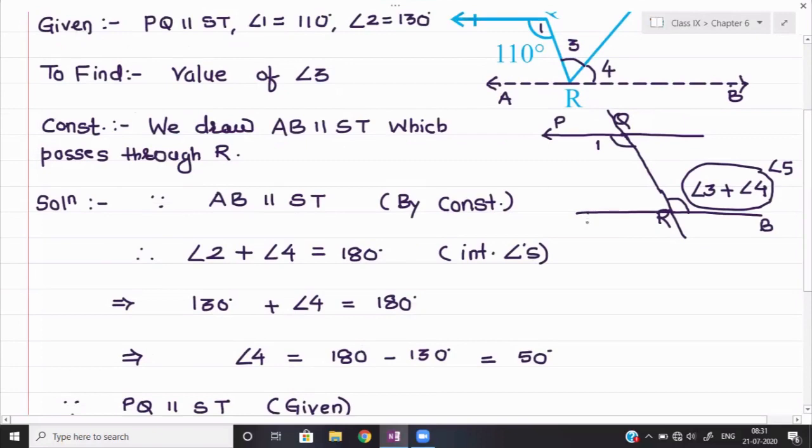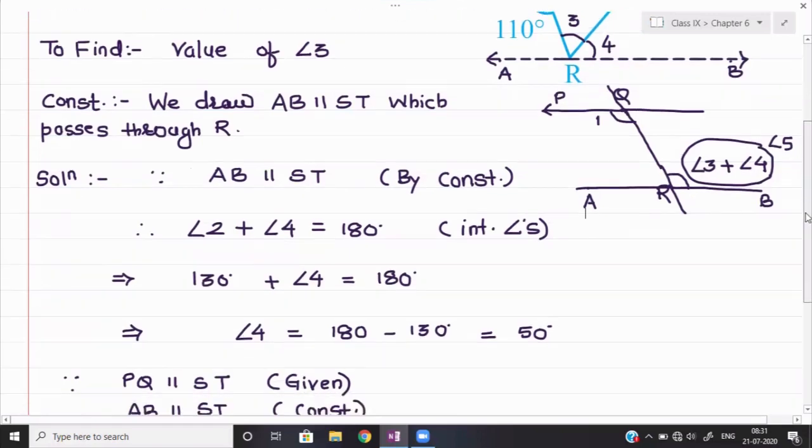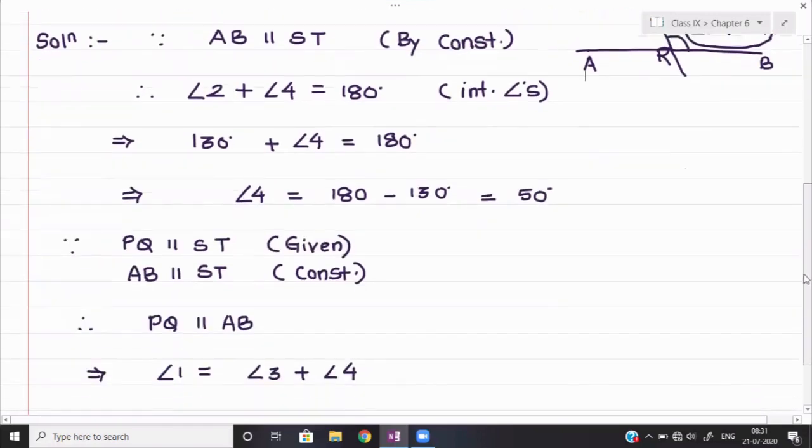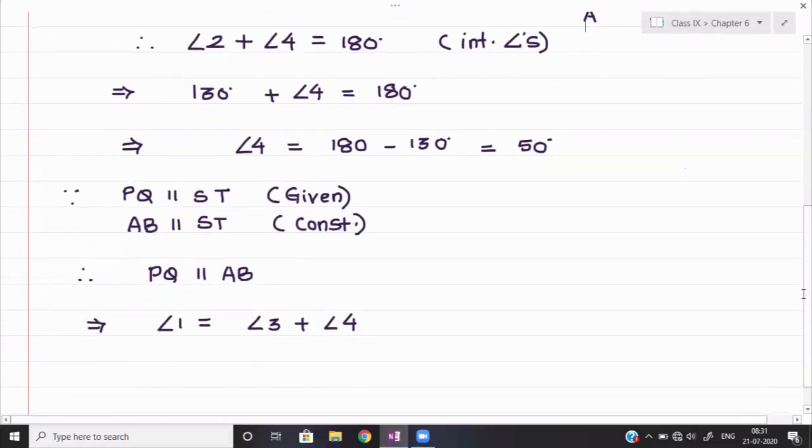RB is a part of AB only, so I directly wrote the whole line, and the part will be included in that. So angle 1 and angle 3 plus angle 4 are alternate angles. Now we shall mention here the reason: these are alternate angles.